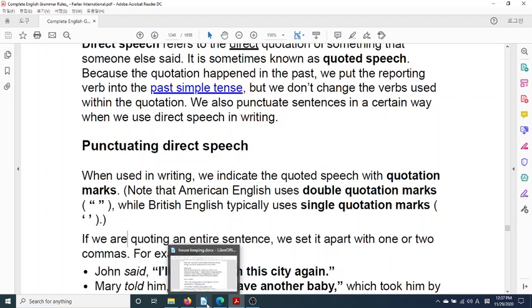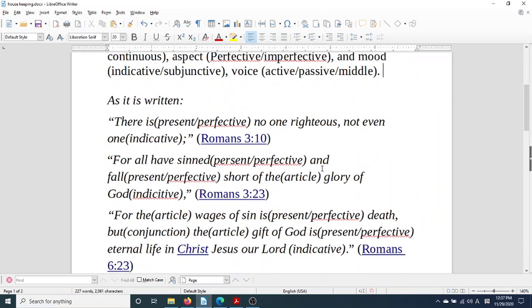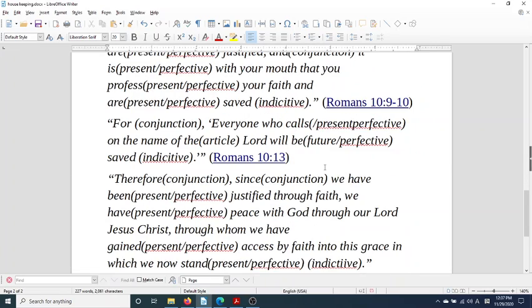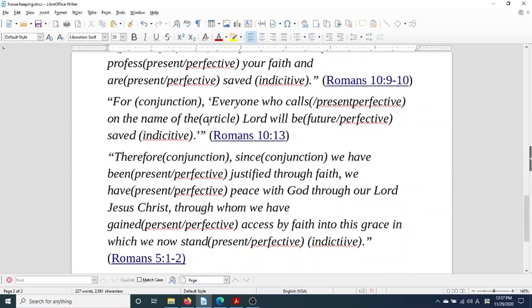Oof, that sounds confusing. So let me show you an example from the book, actually, from your homework. "For everyone who calls on the name of the Lord will be saved." So, this is a quote because it's quoting the Bible. So, quotation mark, quotation mark. But within this sentence, there is another quote. That's a quote.